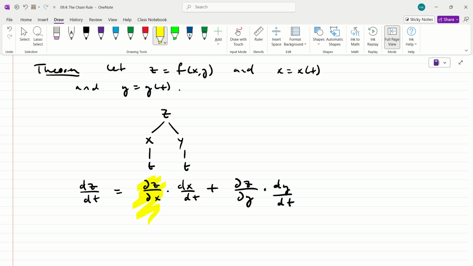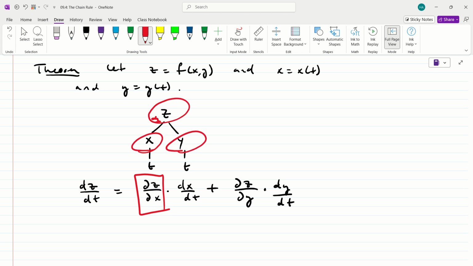How come these guys have the curly derivative while these other guys don't? If we're taking the partial derivative of z, consider that z is a function of both x and y. So if you're talking about taking derivatives, you've got to be clear about whether you're taking the derivative with respect to x or y.